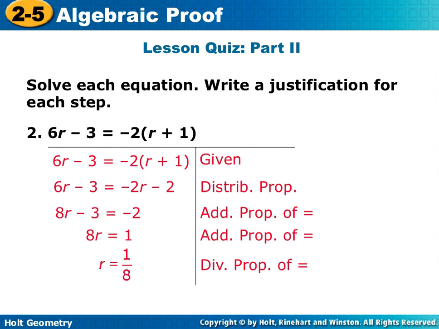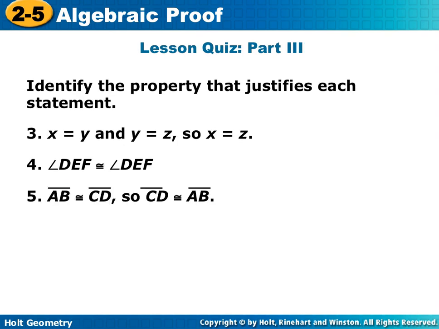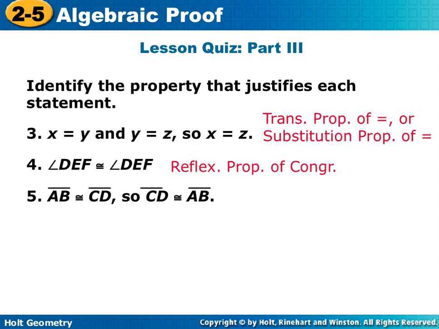Then to go from there to there, I did another addition property of equality. Added 3 to each side. And then what did I divide by? 8. So I should be able to follow it, but sometimes it helps having that little extra step in there. And you were doing really good on the properties, so I think you got that.